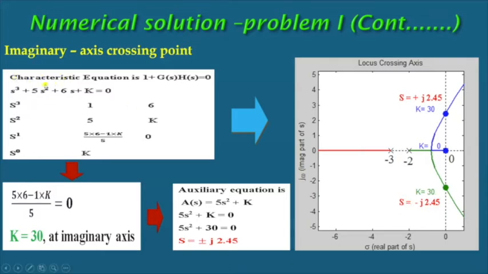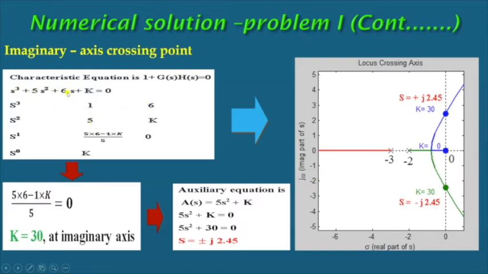So we know that the characteristic equation is 1 plus G(s)H(s) equal to 0. Then from this we get s to the power 3 plus 5s square plus 6s plus K equal to 0. Using the Routh array, that means s cube, s square, s1, s0. So this is 1 and then write down 6.